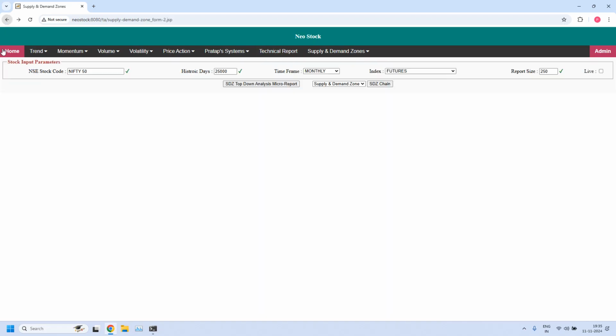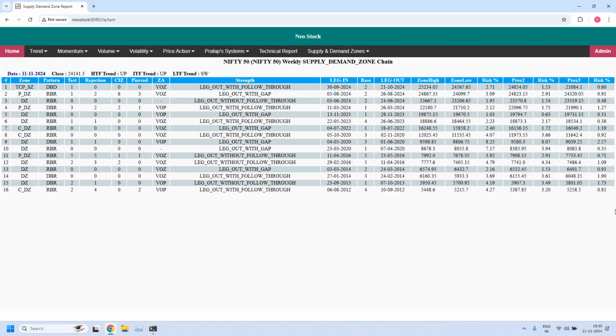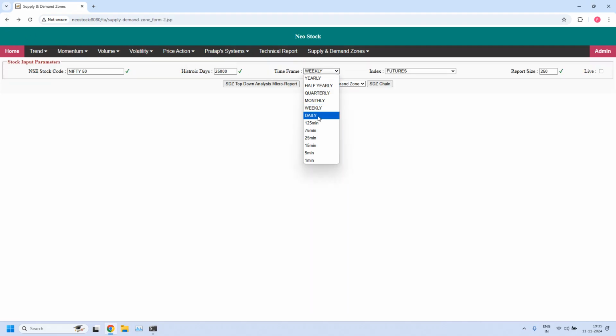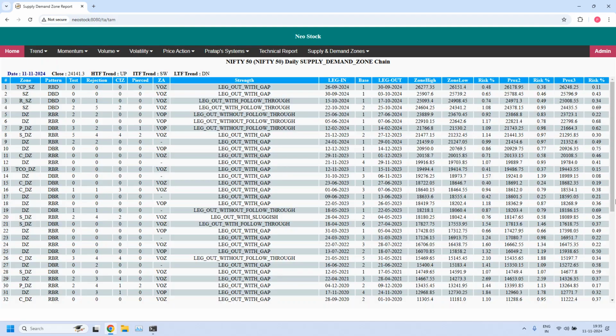Okay, next time frame is weekly, generating weekly supply demand zone chain for NIFTY. Next time frame, daily, so daily supply demand zone chain.